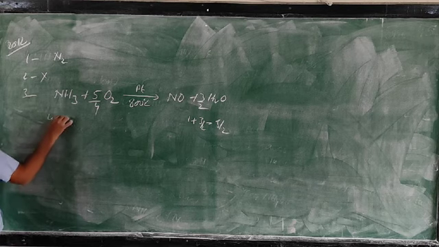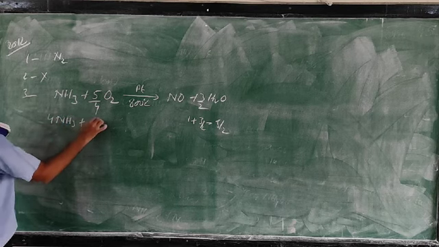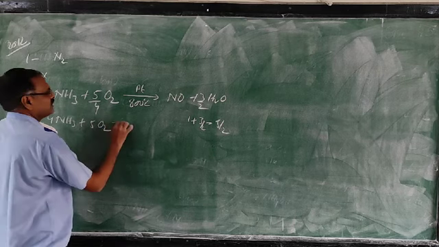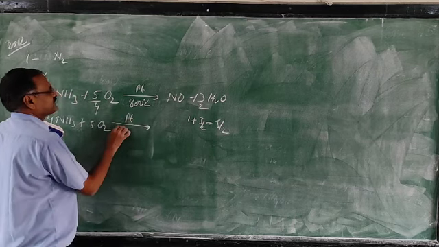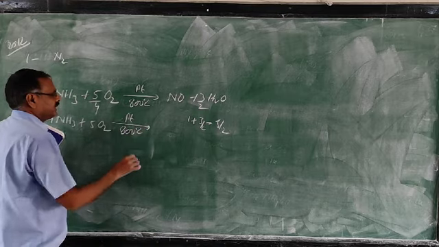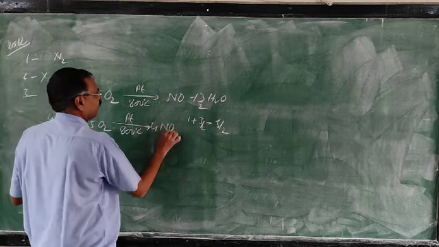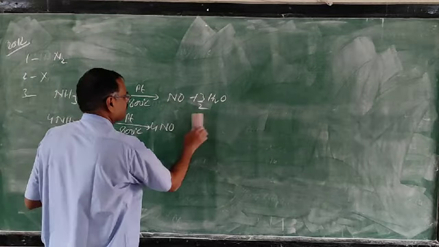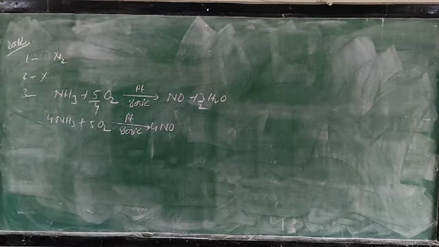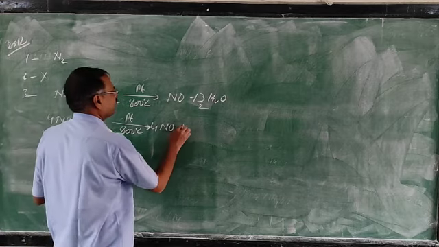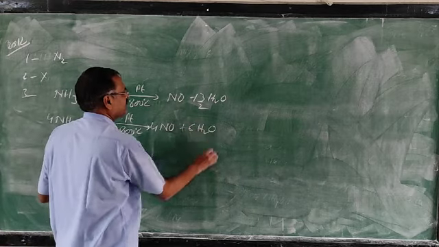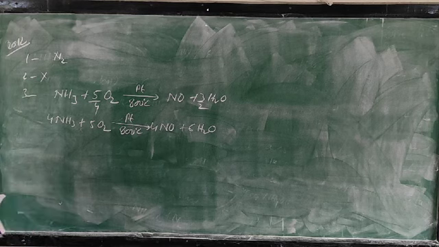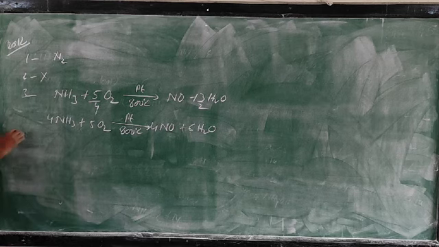So 4NH3 plus 5O2, in the presence of the platinum catalyst at 800 degrees Celsius, form 4NO and 6H2O. So that was 2012, third one.